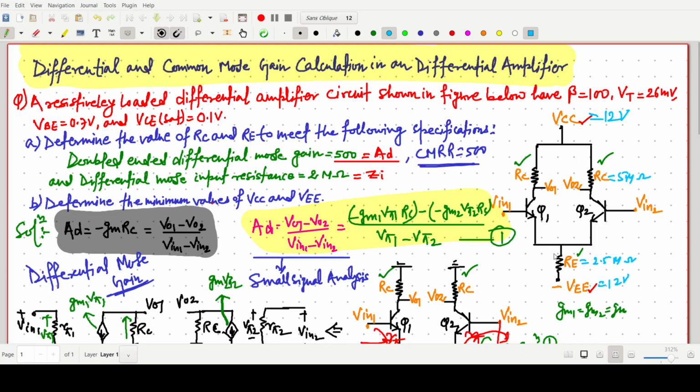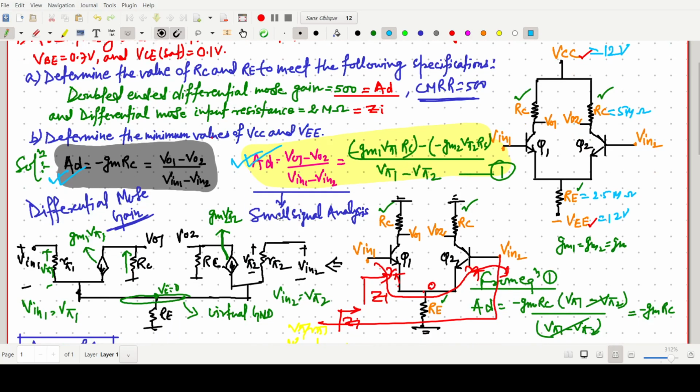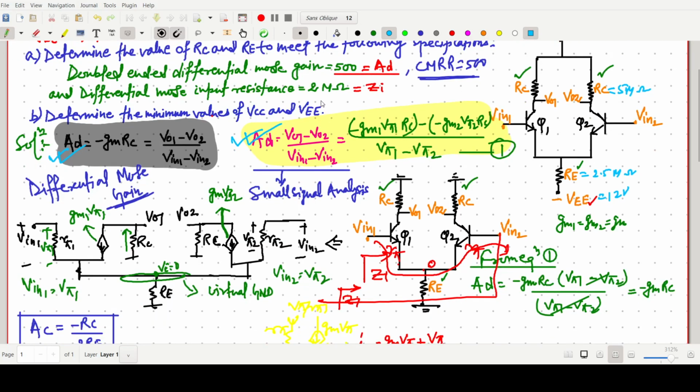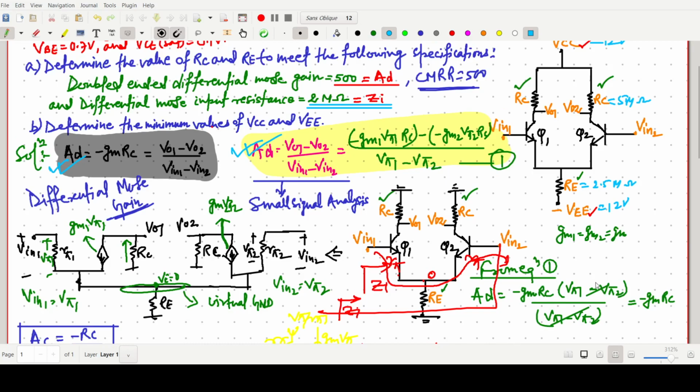We have to know all these simple fundamental formulas, because every time I have derived this, but in numericals we have to know this type of formula. The input impedance is given as 2 mega ohm, so 2 mega ohm is twice R pi. Like that we can solve the numerical. Okay, and thank you for watching.